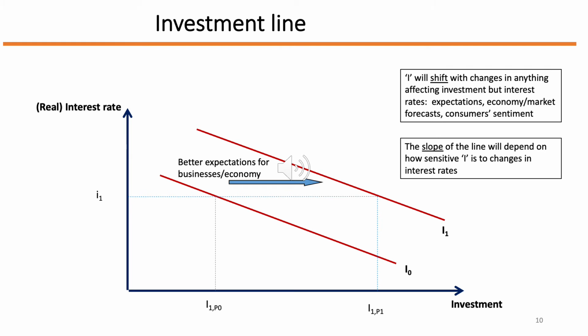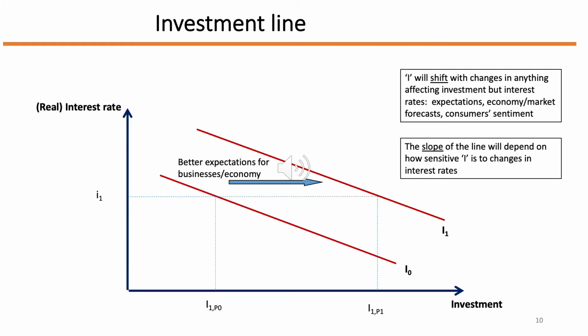And interest rates here are represented as small caps i. So any change in interest rates will mean that we are at a different point along the same investment line, I0. So with lower interest rates, lower borrowing costs in real terms, we'll have a higher investment.